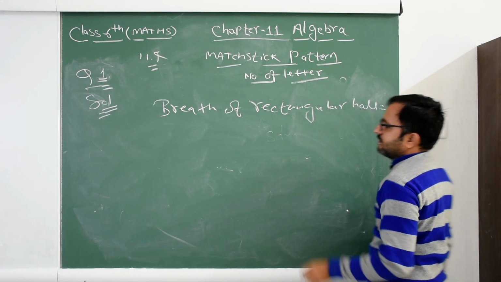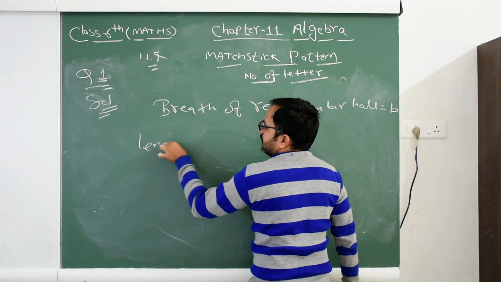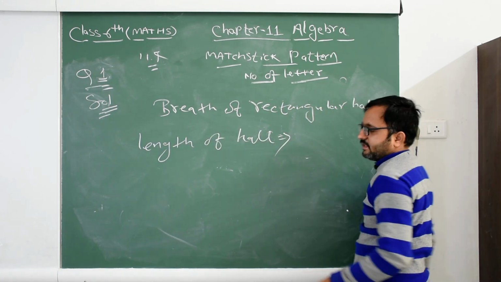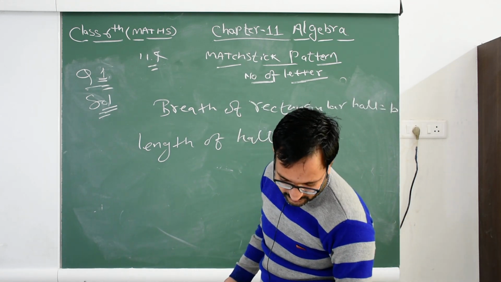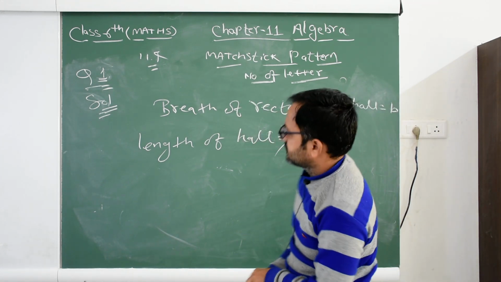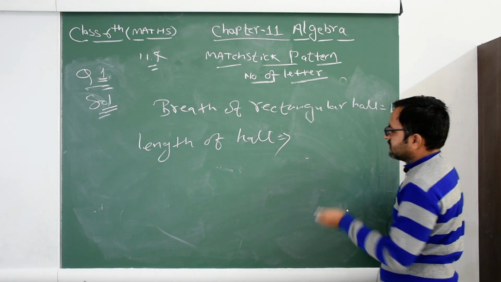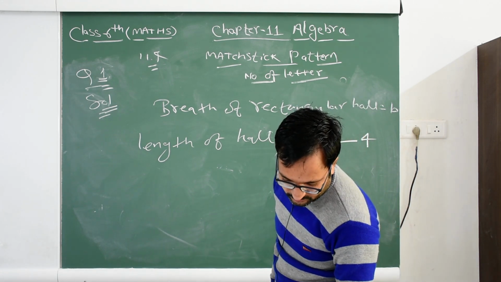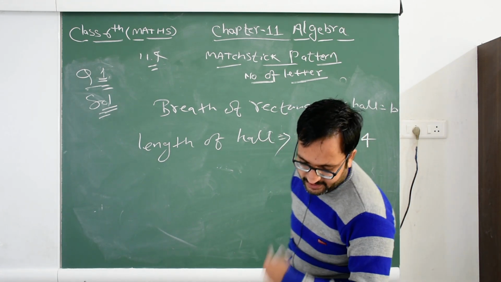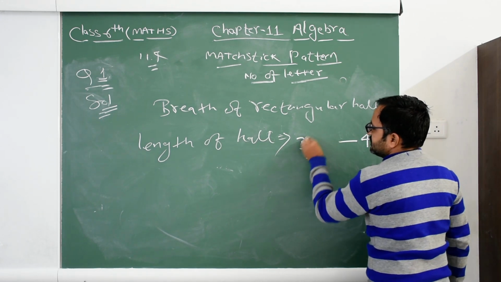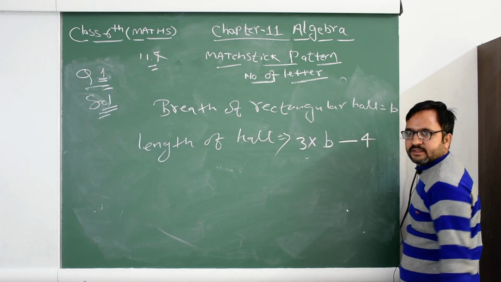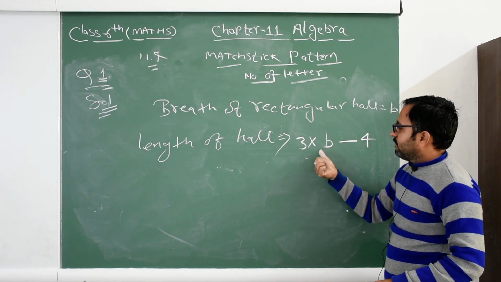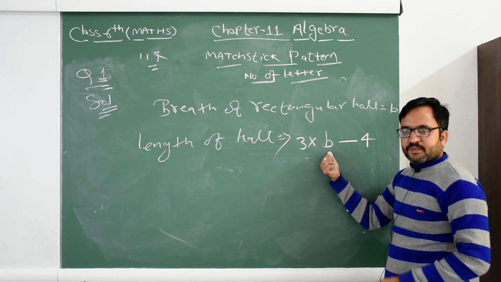Now the length of the hall: the length is 4 meters less than 3 times the breadth.